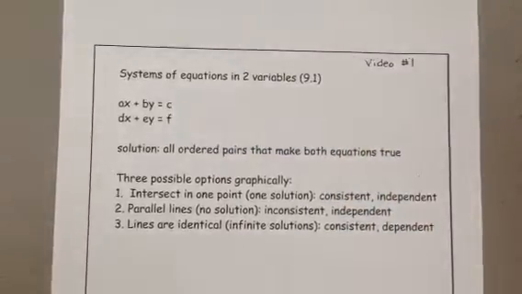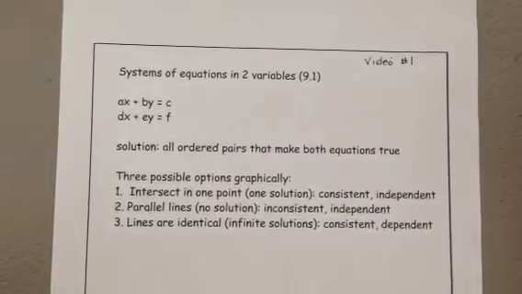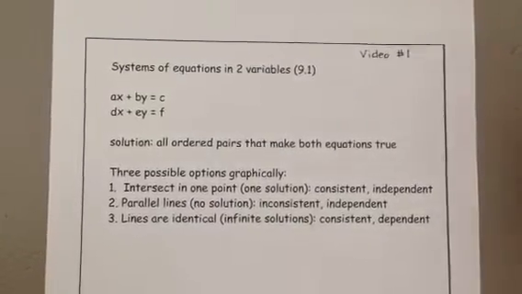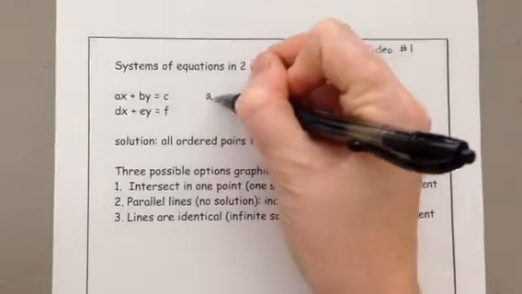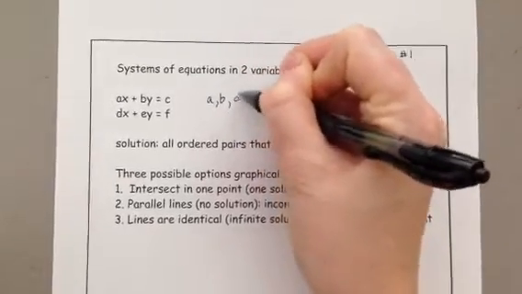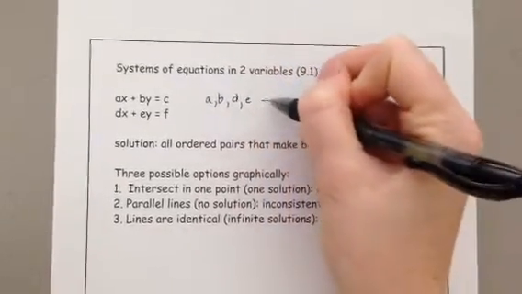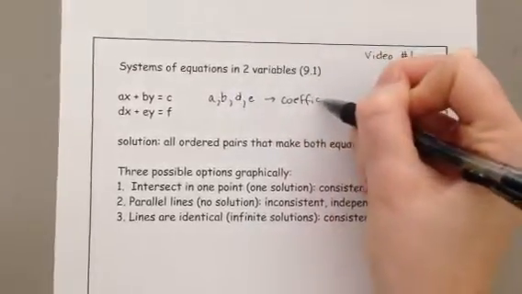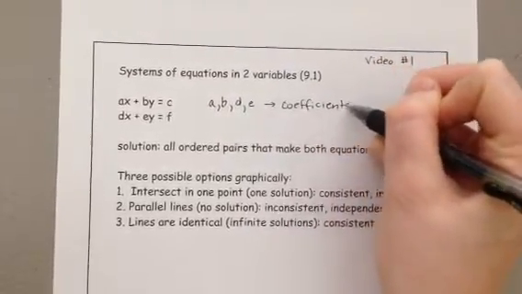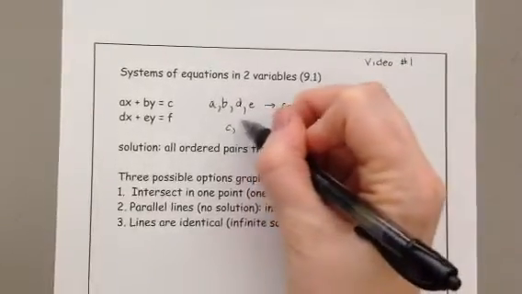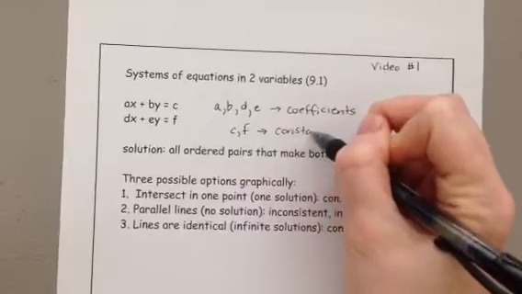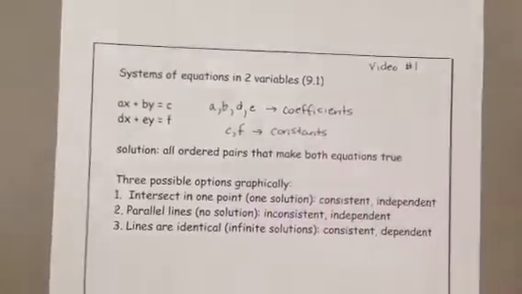And the A, B, C, D, E, and F are going to be numbers. A, B, D, and E are called coefficients of the variables. And C and F are called constants, since they aren't associated with a variable.